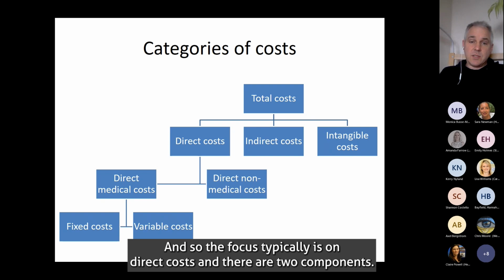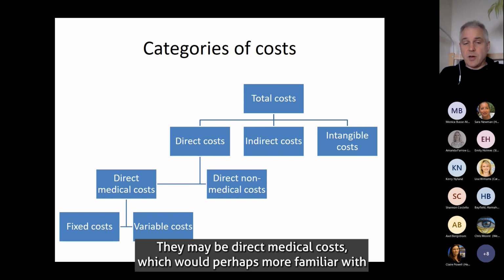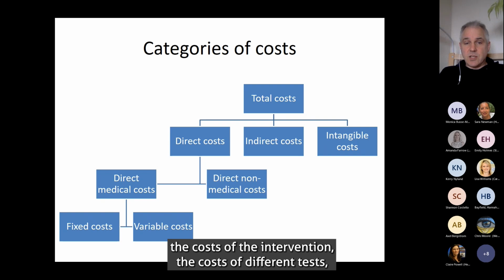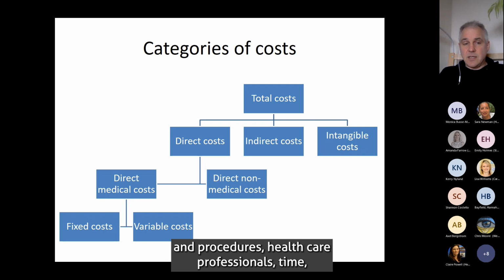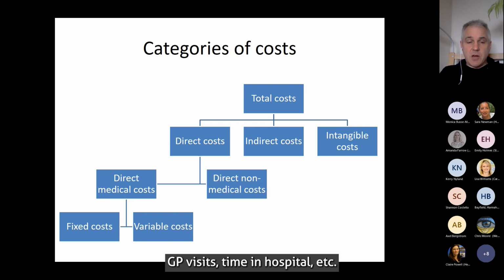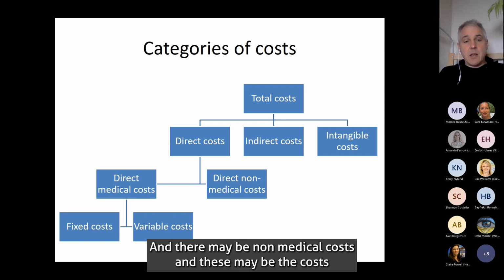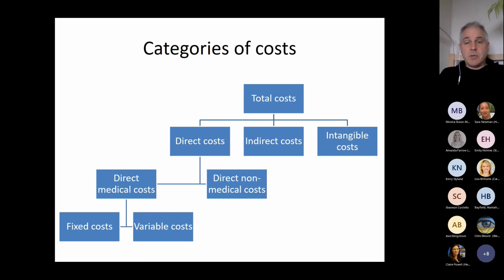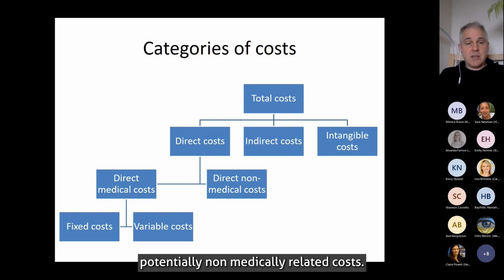And there are two components. There may be direct medical costs, which we're perhaps more familiar with: the costs of the intervention, the costs of different tests and procedures, healthcare professionals' time, GP visits, time in hospital, etc. And there may be non-medical costs. And these may be the costs of social care services and other potentially non-medically related costs.